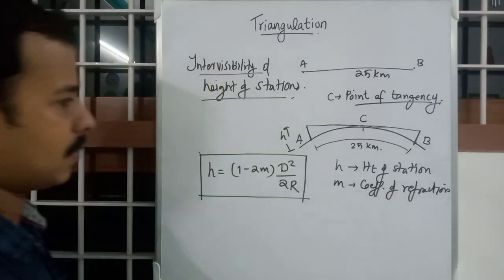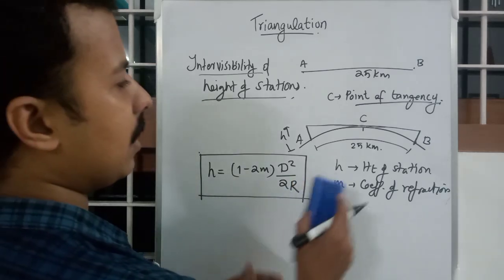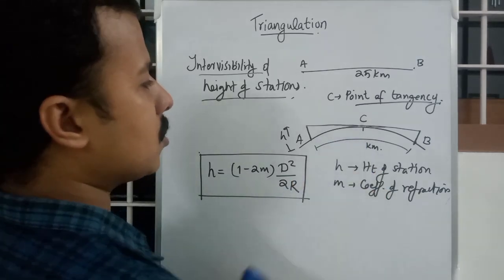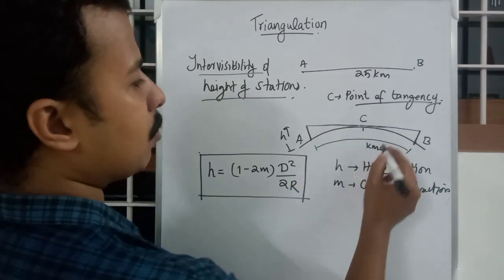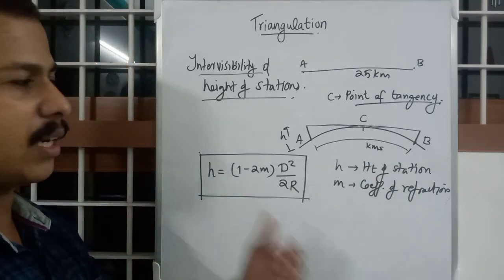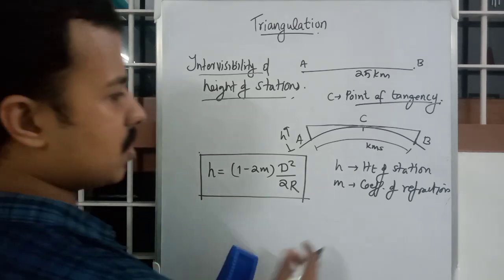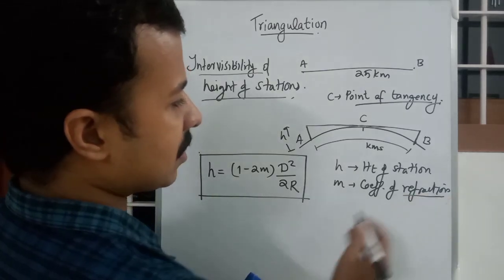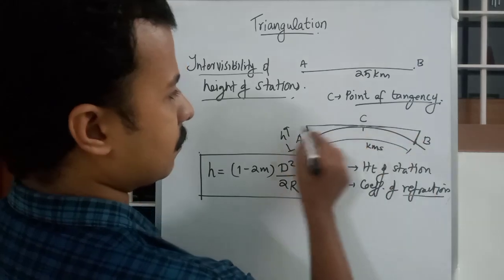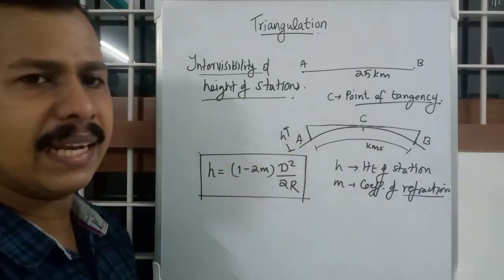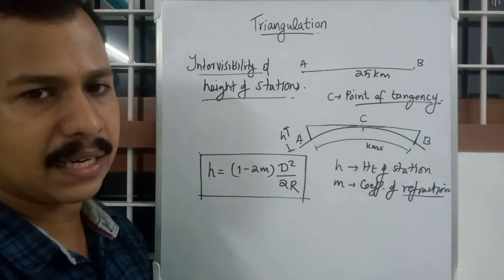refraction, as it is a very high number of kilometers, can be any number of kilometers, 100 kilometers, 200 kilometers. All this large distance, refraction will be affecting this line of sight. This line of sight will be definitely affected with refraction.